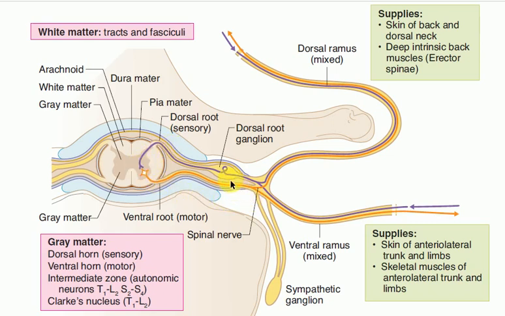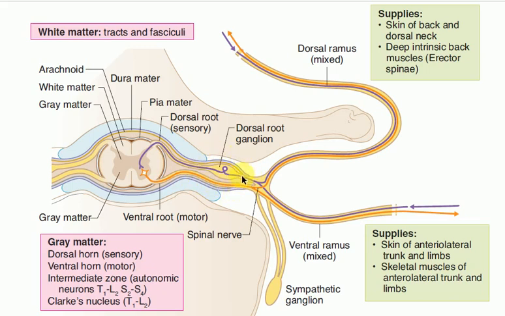Since the dorsal root is a sensory root, it is derived from the neural crest cells. Therefore, logically, they're located outside the central nervous system. They're outside the spinal cord. Here, as you can see, the spinal cord is a part of the central nervous system.